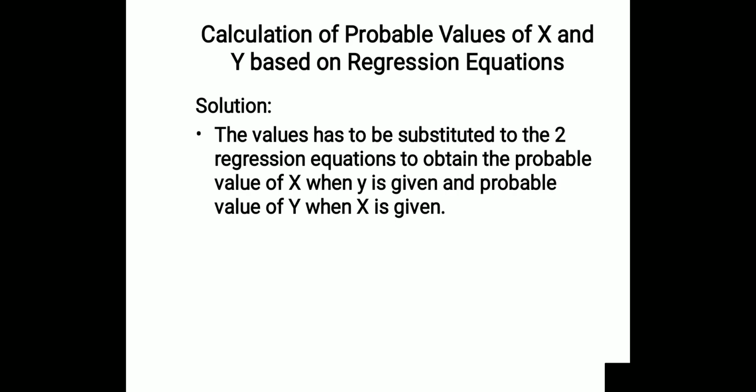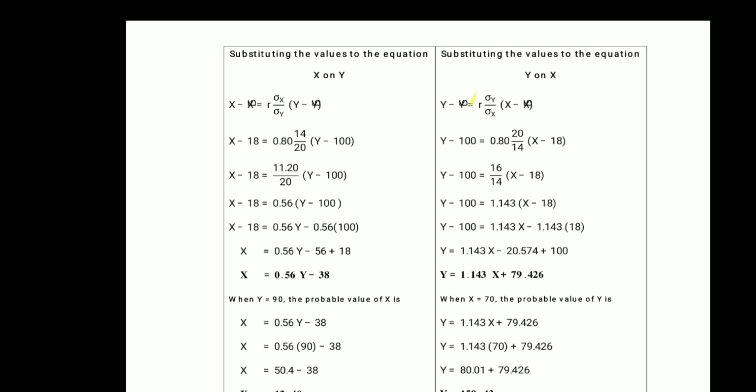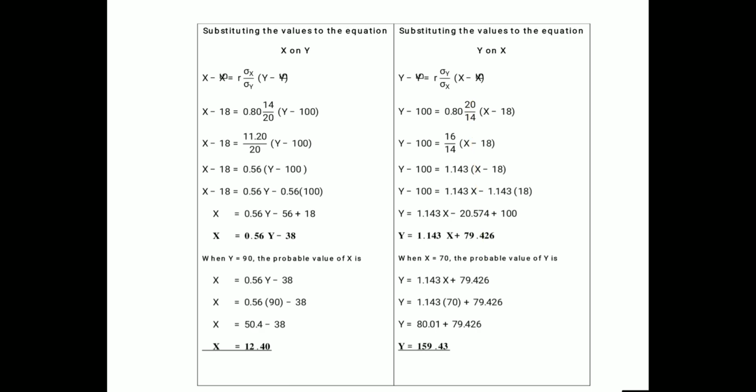The values have to be substituted into the two regression equations to obtain the probable value of x when y is given and the probable value of y when x is given. First, let us look into the x on y equation.